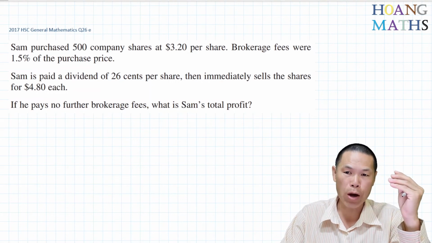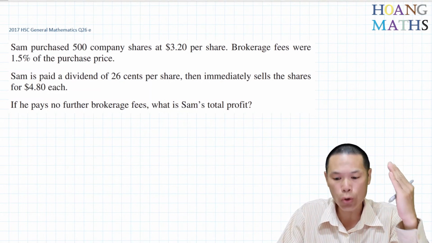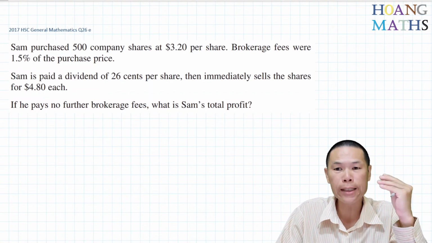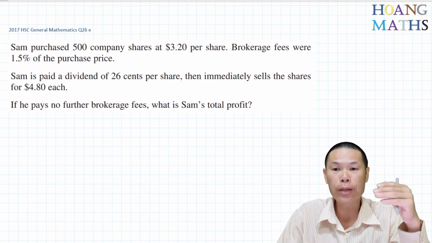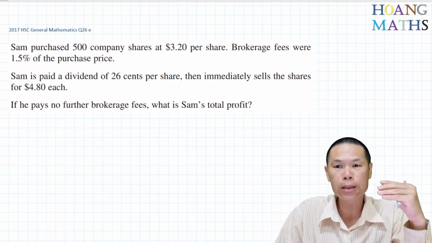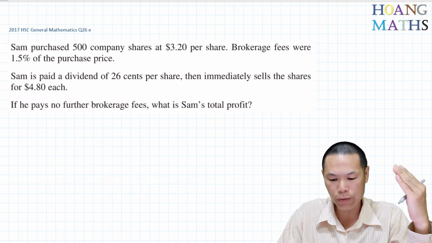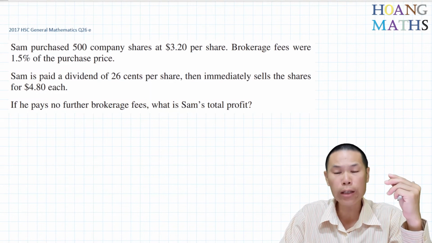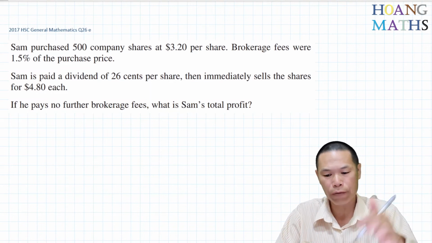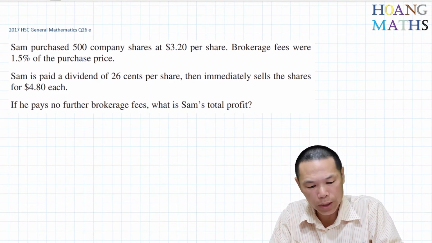Now to work out the profit is the total value of shares that he sold plus the dividend minus the cost that he paid for the shares and minus the broker's fees as well, okay? So let's work out the cost of buying the shares first. So let me just write this down.